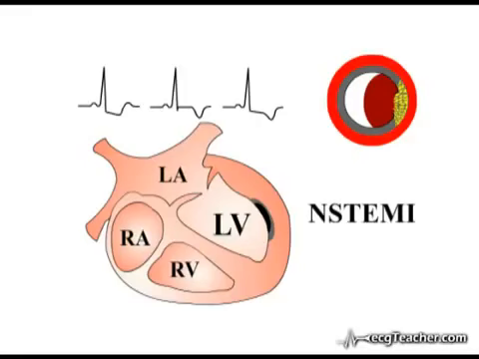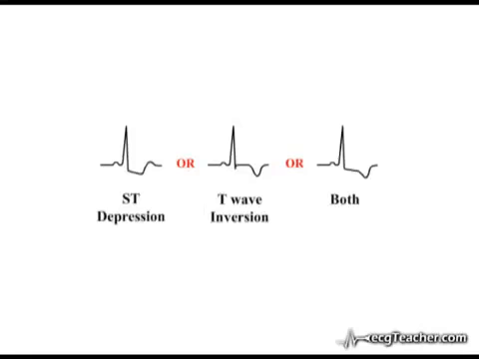This is a non-ST elevation MI. As the ECG changes of unstable angina and non-ST elevation MI are identical, the two entities cannot be distinguished based purely on the analysis of the ECG. You need a second test to separate the two.